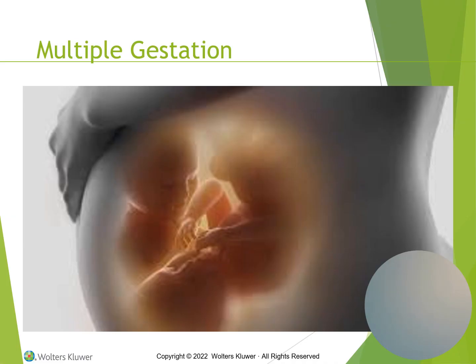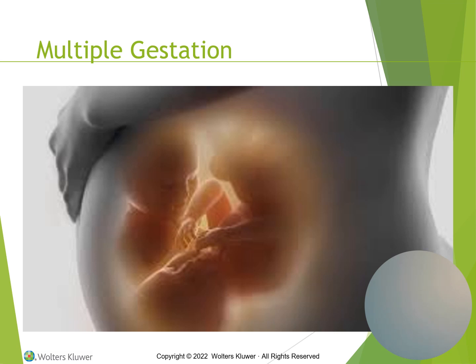So another potential complication is multiple gestation, which is more than one fetus per pregnancy. Twins are the most common. They can be identical or fraternal. There's an increase of multiple gestation with older maternal age, multiparity, or a family history.